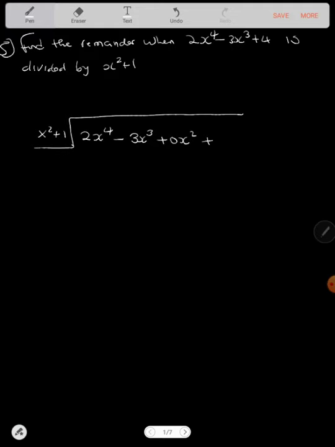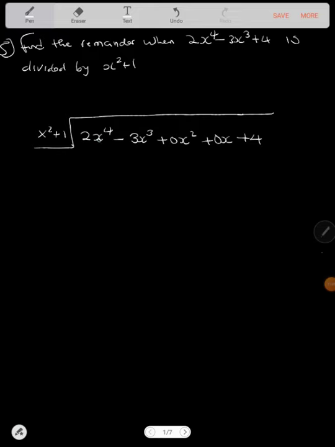Also plus 0x, then plus 4. I hope you understand, because we don't have these terms, so we just put 0 like that. Then we start dividing.